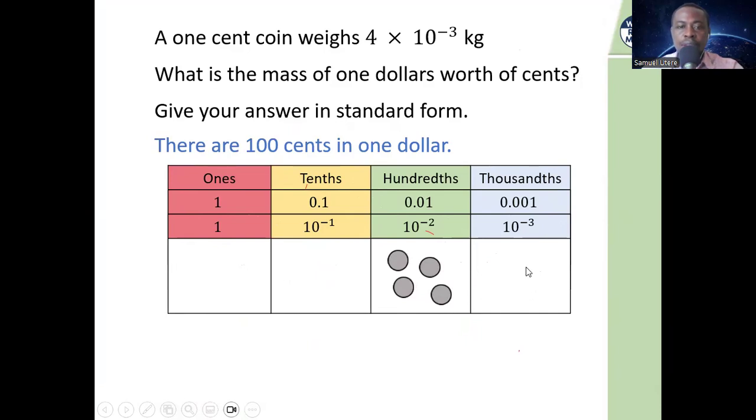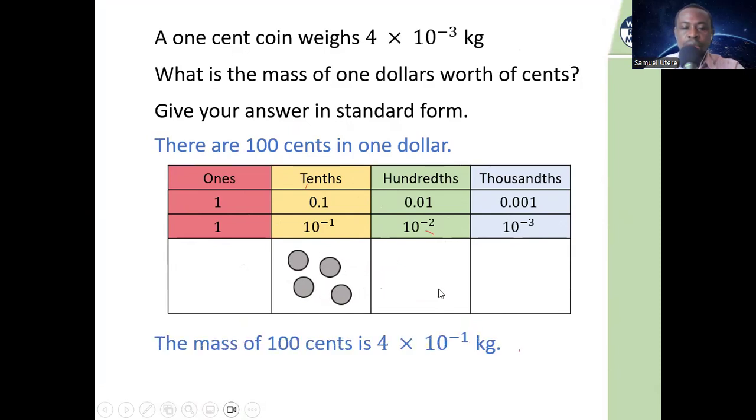If we multiply by 10 again, 4 hundredths will become 40 hundredths. Now remember, 10 hundredths is equal to 1 tenth. So if we exchange those, we're going to have 4 tenths. So when we multiply this by 100, we have 4 times 10 to the power negative 1.